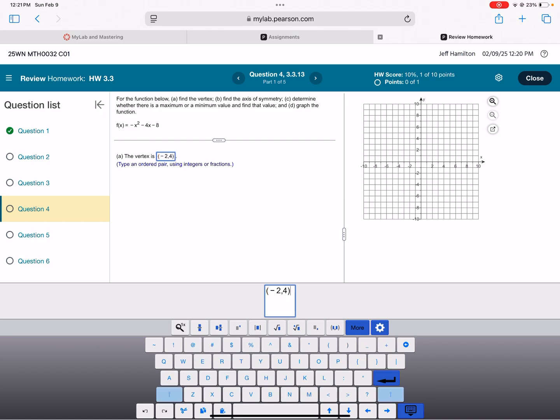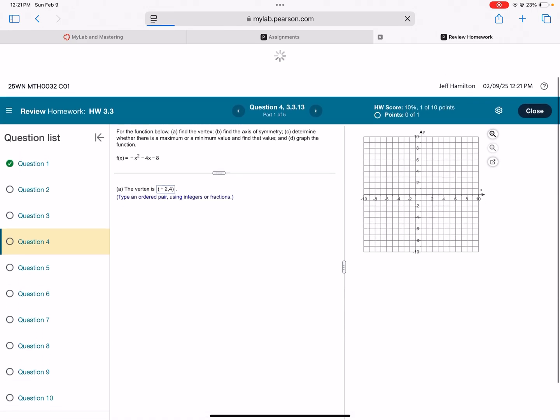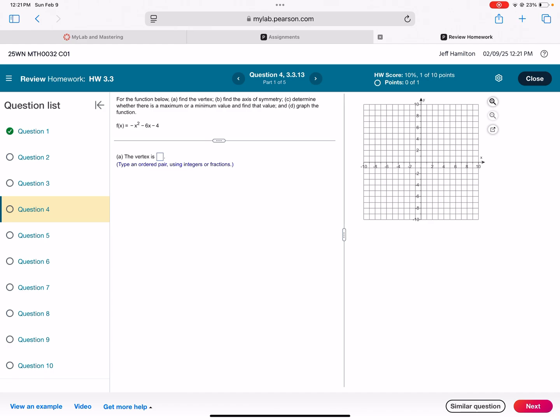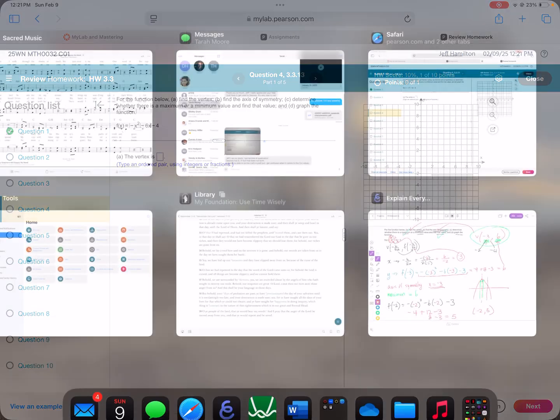Okay. Why doesn't it let me do the next part? Oh, now it's on to the next question. Shoot. Okay, anyway, it looks like I won't be able to graph this one.